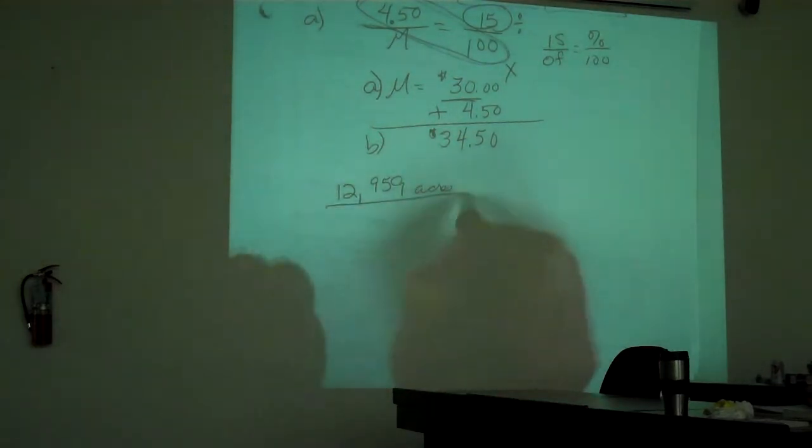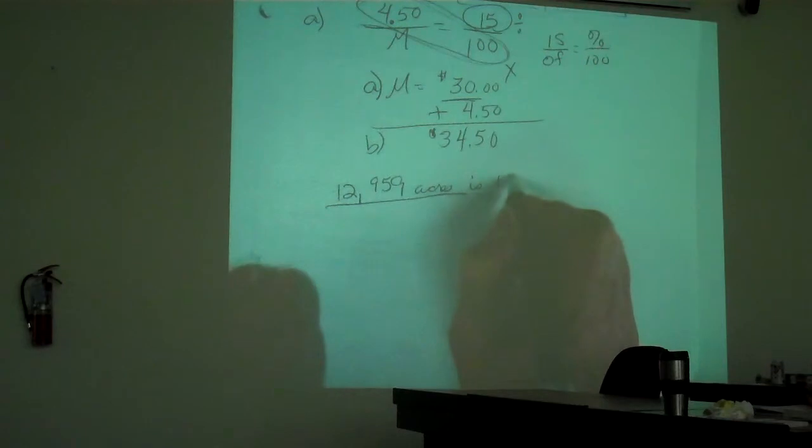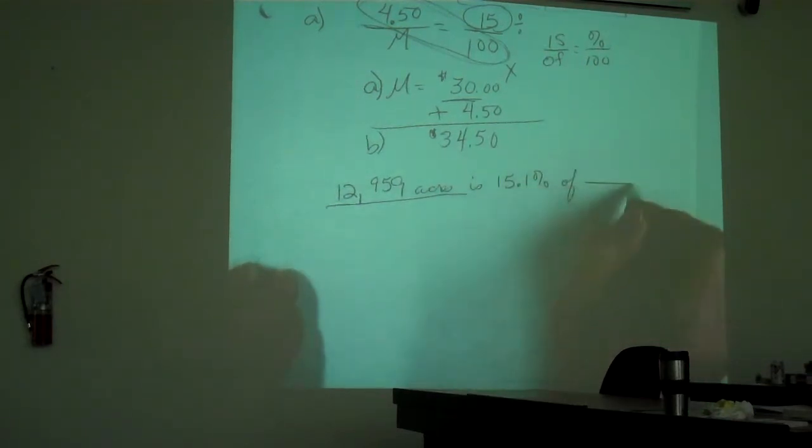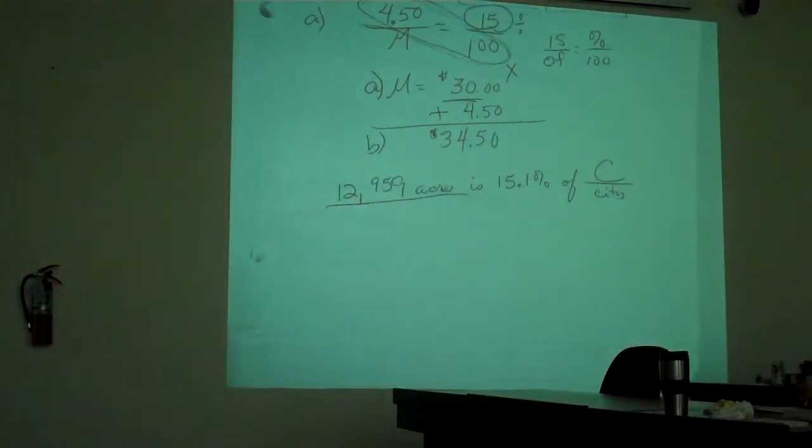So this is 15.1% of the whole city. So we could do the C for the whole city. What is the total acreage of Portland? That would be your city.